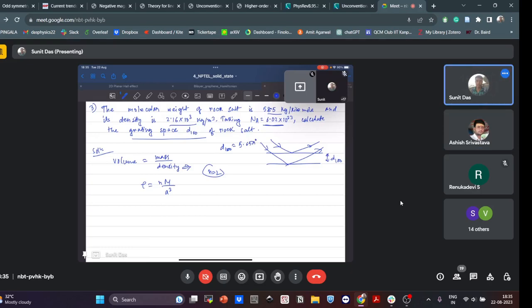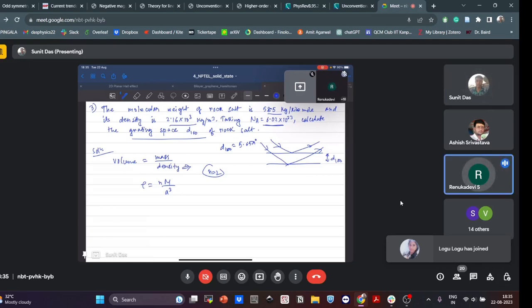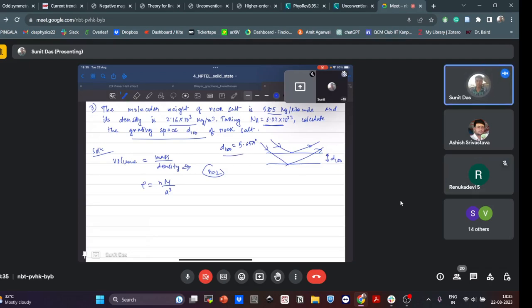No, d100 is not 5.65 angstrom. I think that is the a value. So what we need to find is the atomic spacing, right? The grating space, so the atomic spacing that we need to find. Okay. So how do you get 5.65?